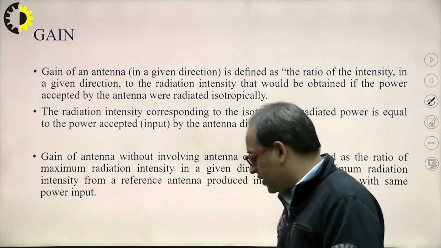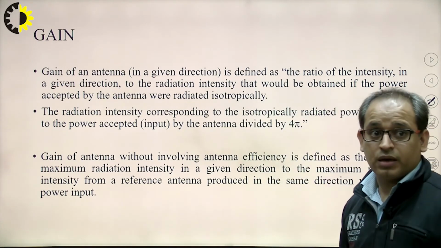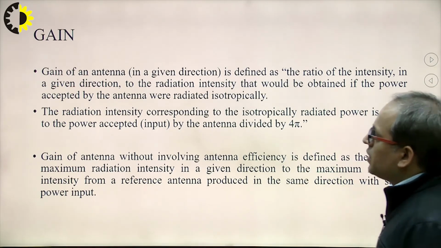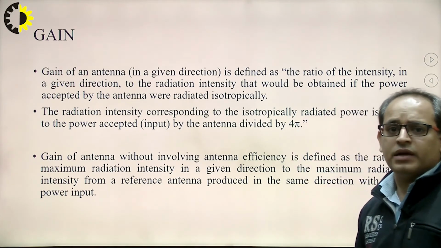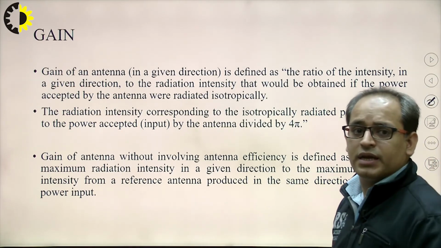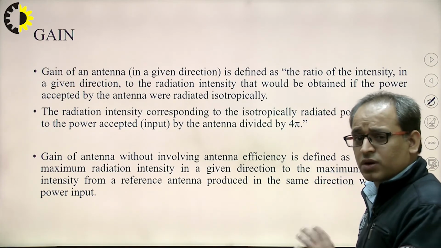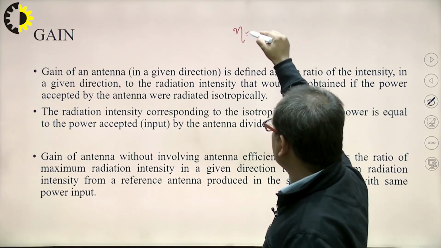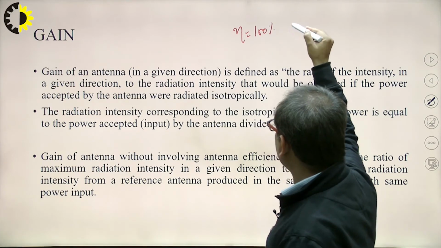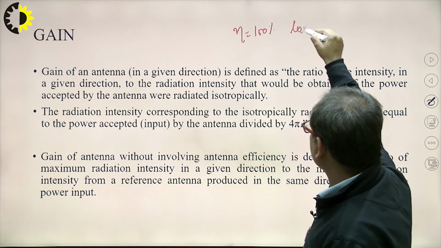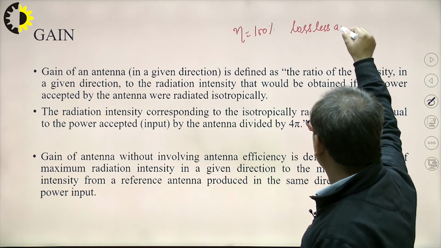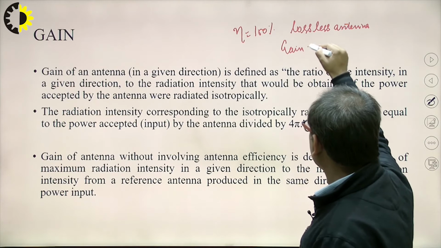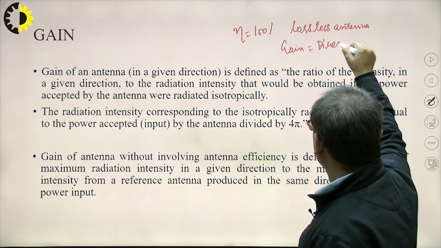So the next fundamental parameter is the gain of an antenna. The gain of an antenna is somewhat similar to the directivity if I do not involve antenna efficiency. If I say the antenna efficiency is 100%, or the antenna is a lossless antenna, then the gain of the antenna will be equal to its directivity.